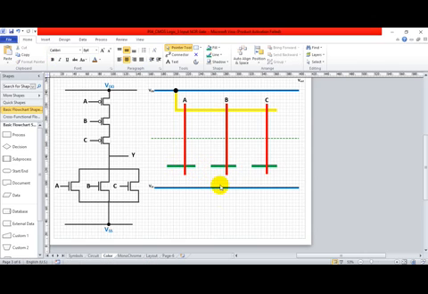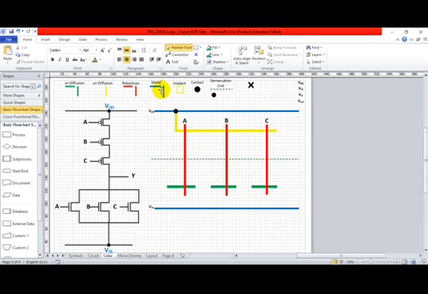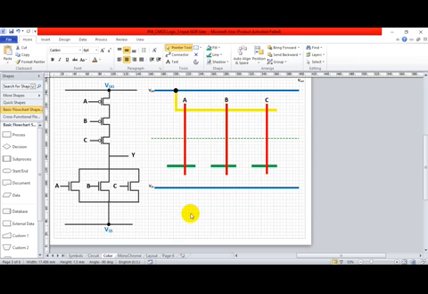Now what can be done is, I will connect the source by using the metal. I will take this source and connect it to the metal.